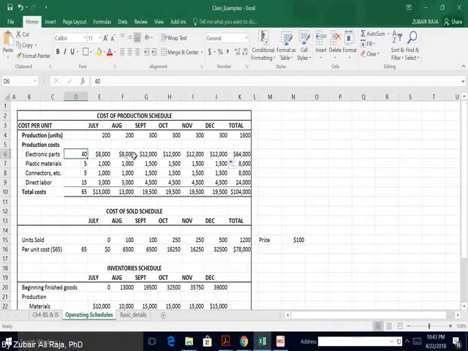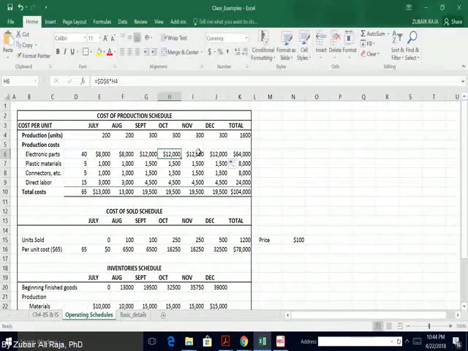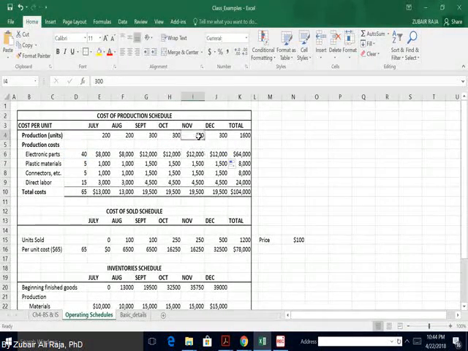If I do not put the dollar sign as I have done over here, can you see, with the D6 cell, I have to put a dollar sign before D and a dollar sign before 6 in order to lock this D6 cell. Otherwise, each time, this 300 will not multiply with this, but I want this 300 units in the month of November to be multiplied with this 40.